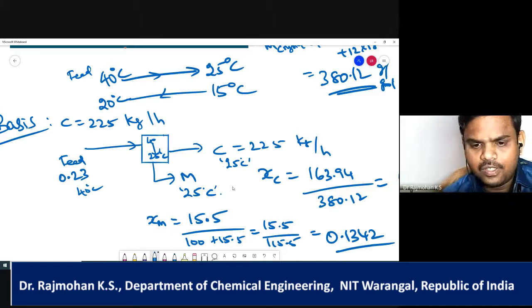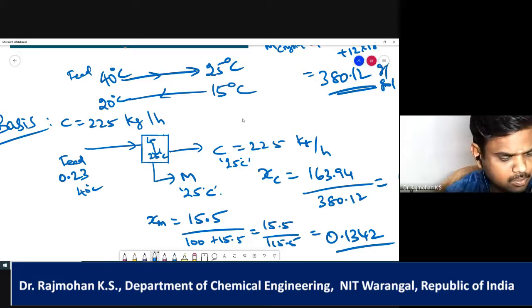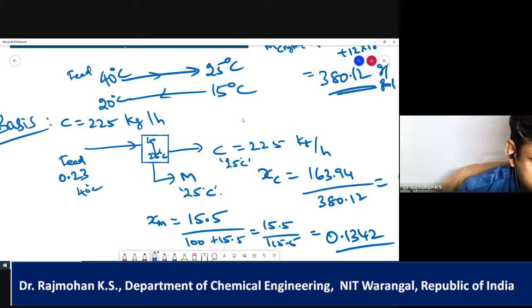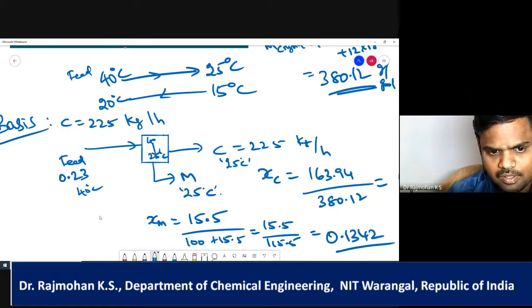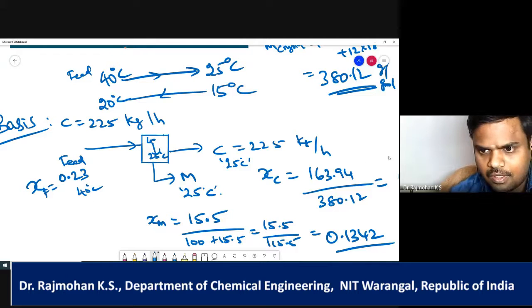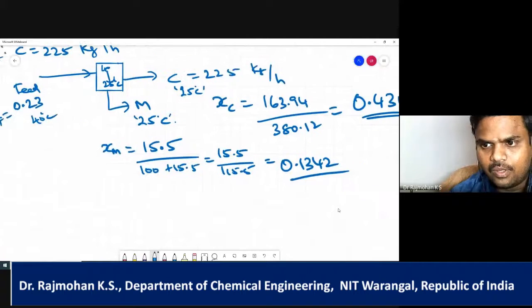So these are the values we have. Or Xf value is directly given, 0.23. Nothing to worry.